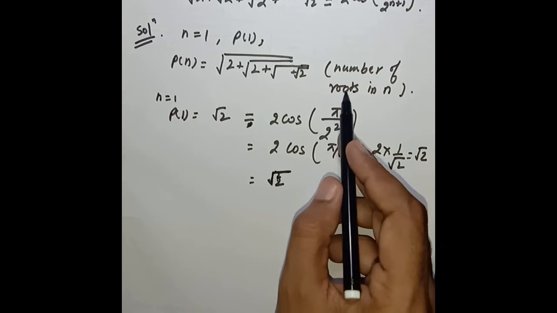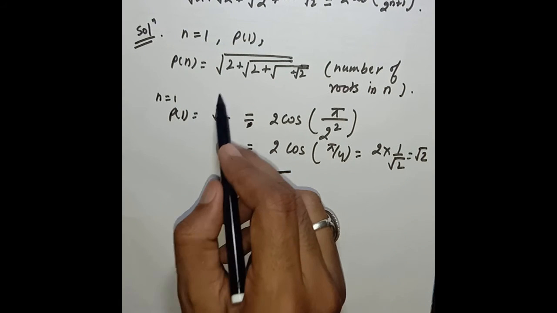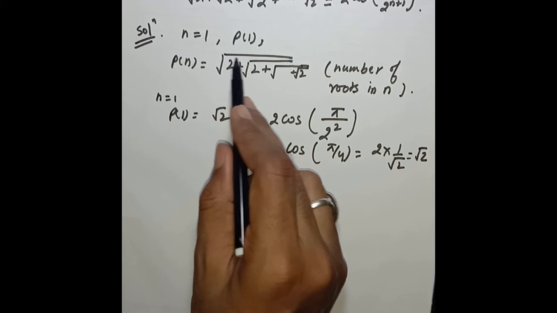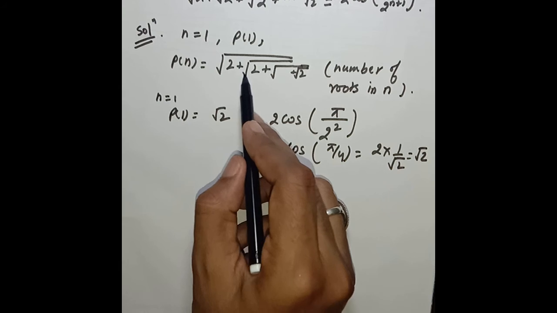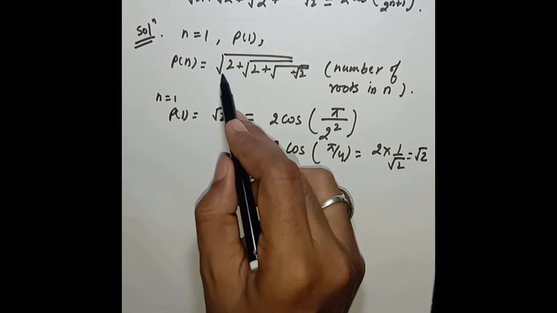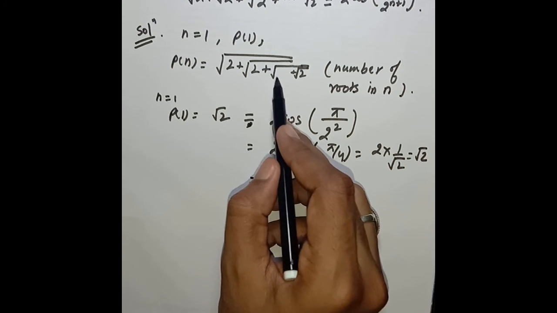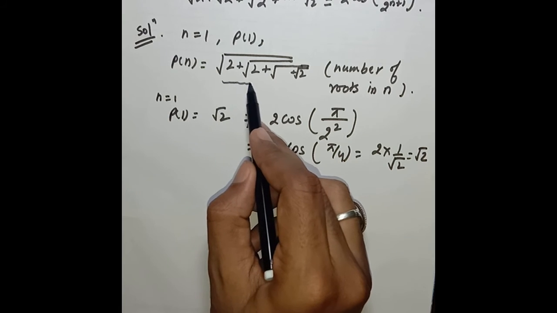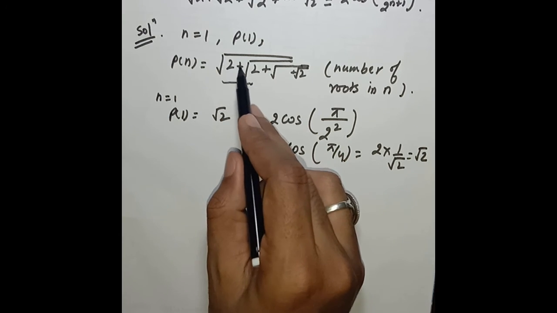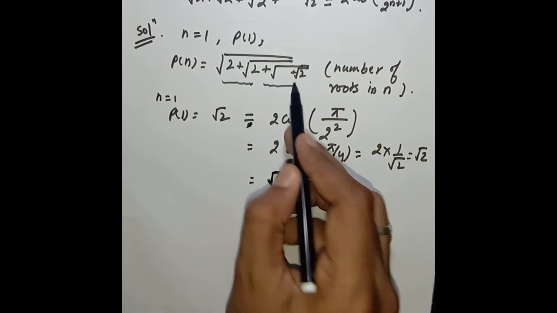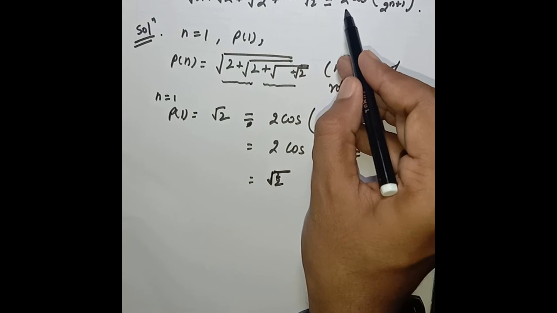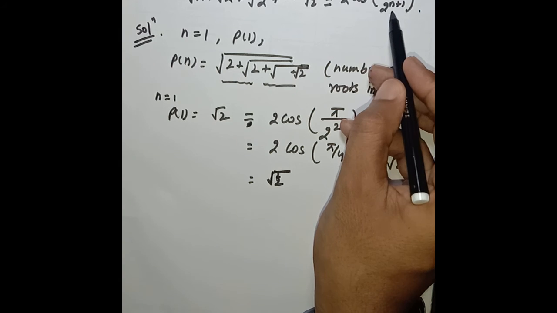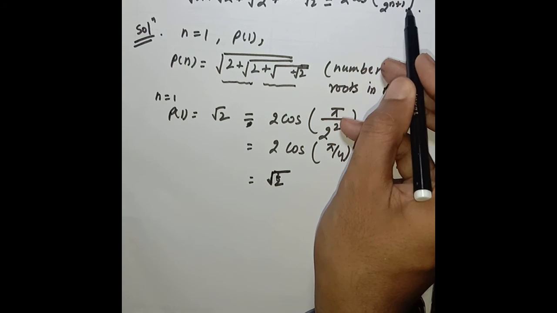Nth root, number of roots in n. If n is equal to 1, we have only under root 2. For n is equal to 2, under root 2 plus under root 2. For n is equal to 3, under root 2 plus under root 2 plus under root 2. This is n times under root, and the statement is that this is equal to 2 times cos pi over 2 to the power n plus 1.